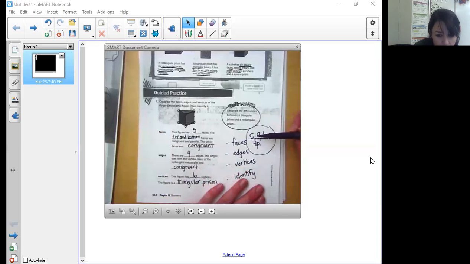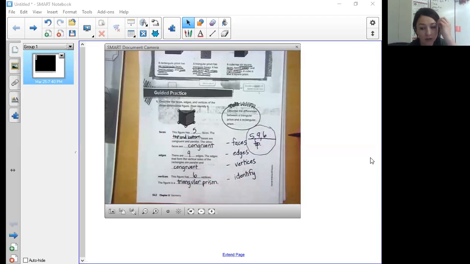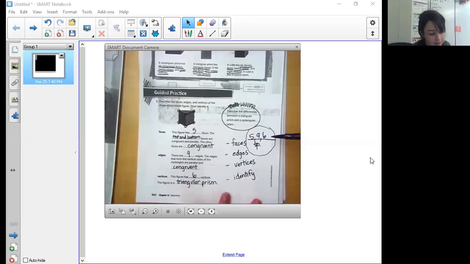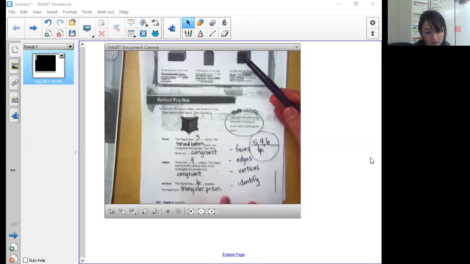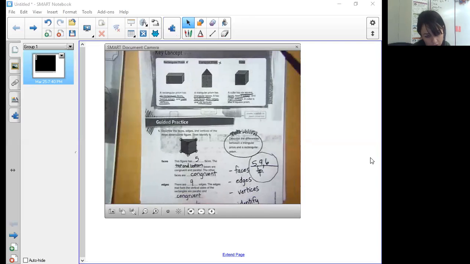How do I know that you don't know it's 5 edges? Please be specific or I'll hand it back to you so that you can finish it more clearly. Make sure that you're describing that there are 5 faces and 9 edges and 6 vertices, and write out what it is. They give you the spelling right up here, even though it's a little tricky. Write out what shape you've got. It'll help you remember what they're called.